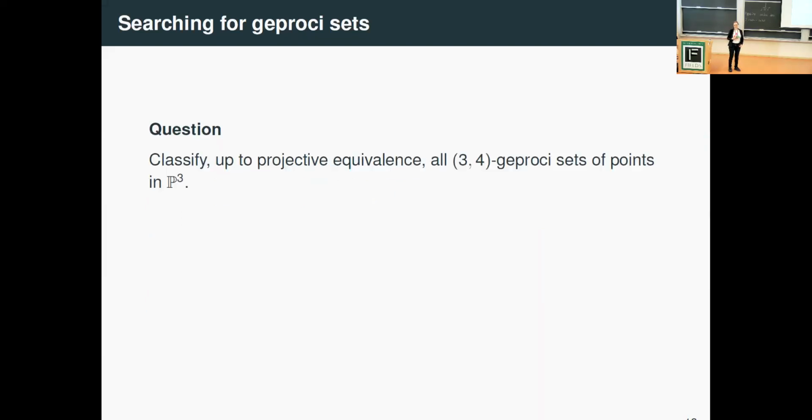So the smallest numbers that can occur as A and B, for the set not to be a grid, may be 3 and 4. So the question is to classify all 3-4 Geproci sets in P3.